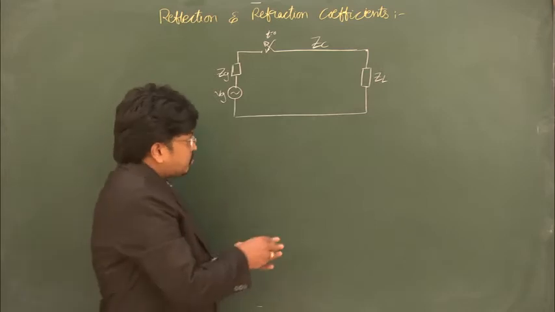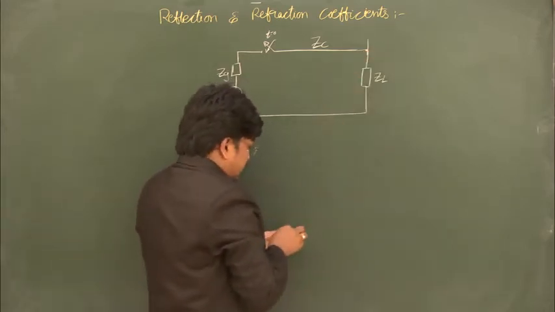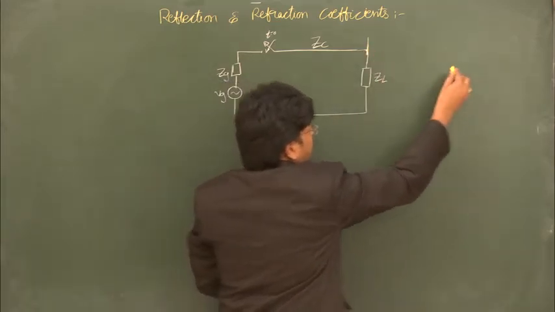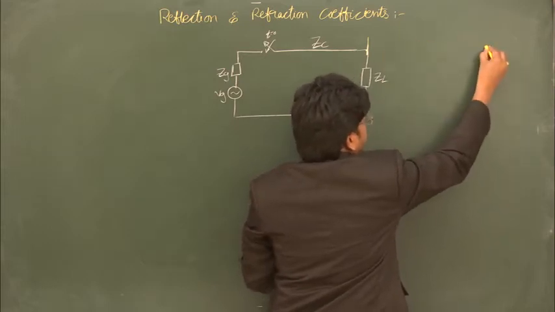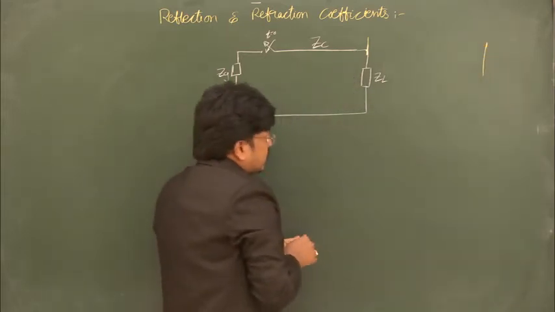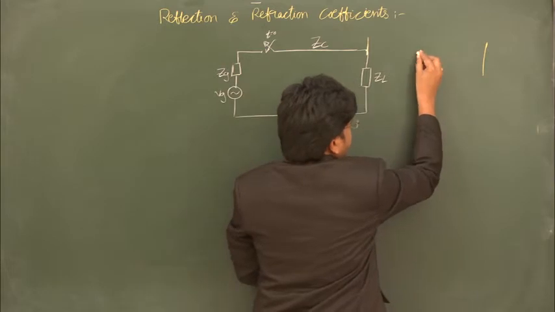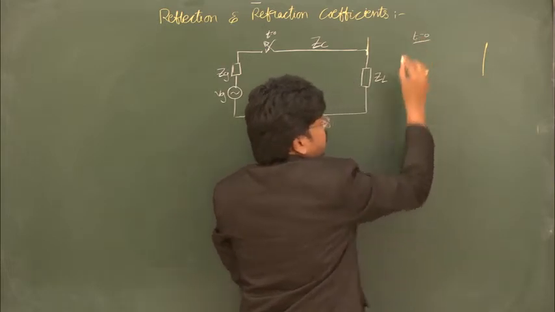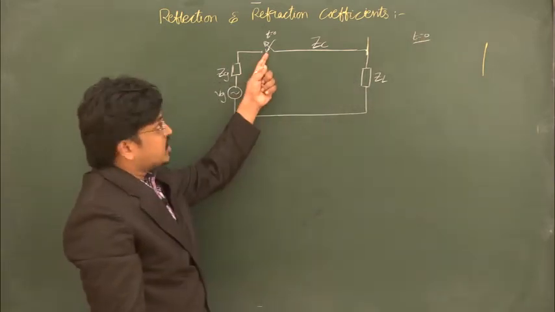So at this termination, for example, this is the termination point. Before the termination, suppose at t equal to 0 seconds the switch is closed.